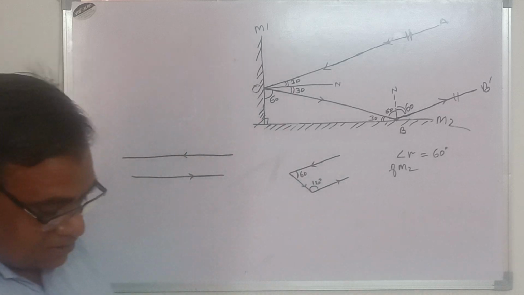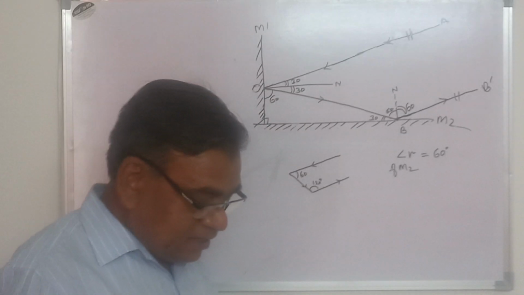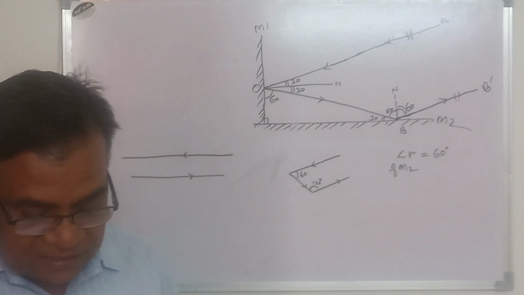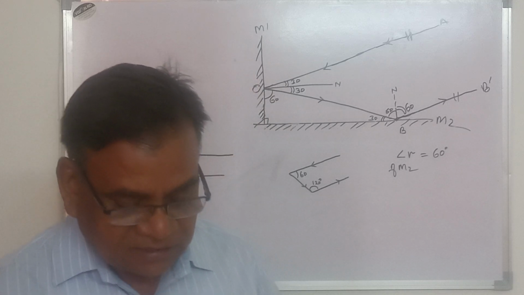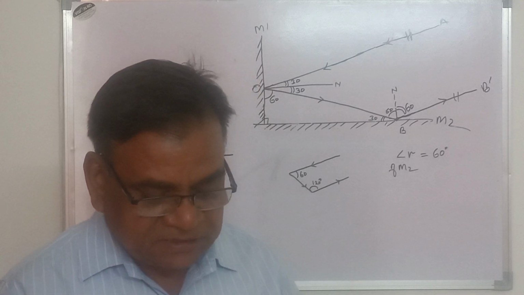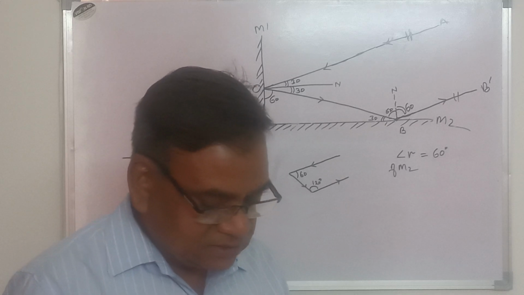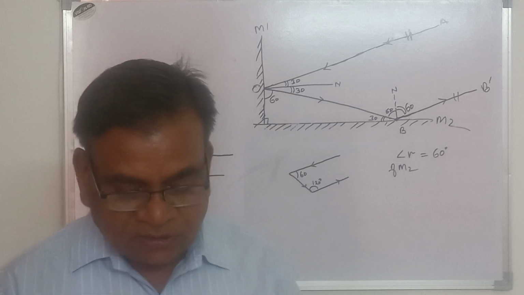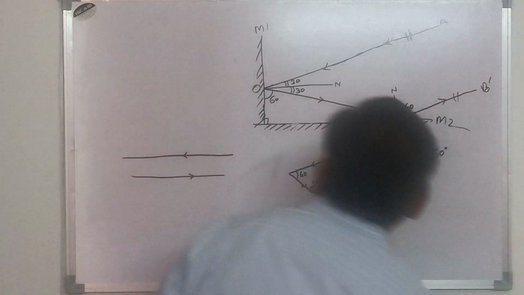Now draw a sketch. So total angle between incident and reflected: between the incident ray and reflected ray there are two angles, I and R. So you know I is 60 degree, so the total is 120 degree. This is the position.